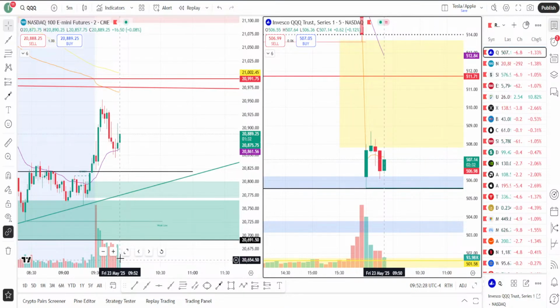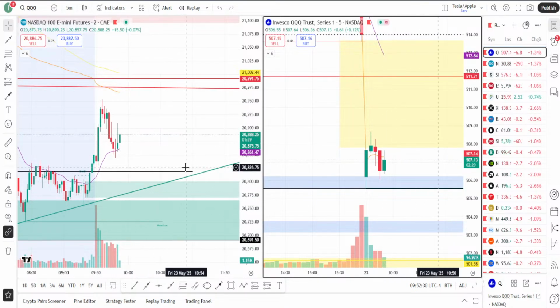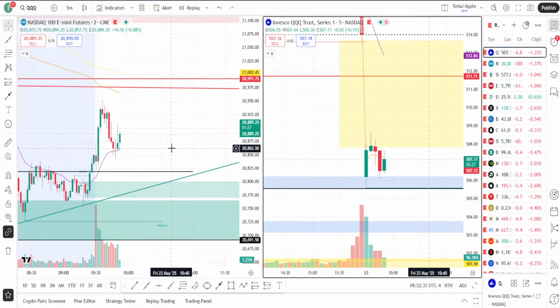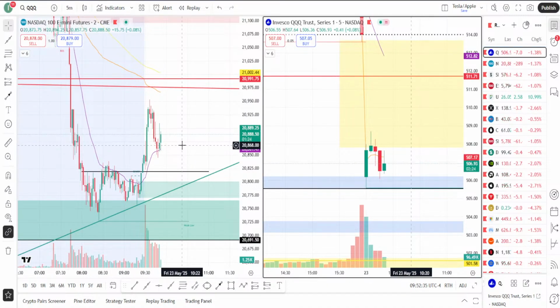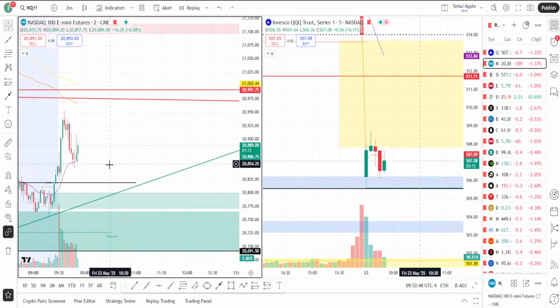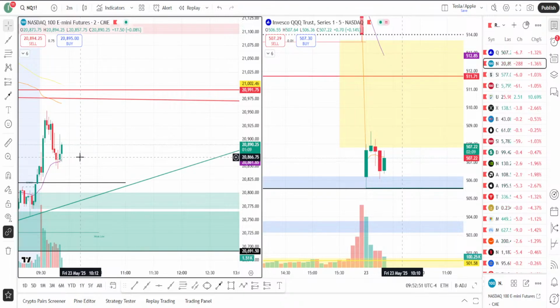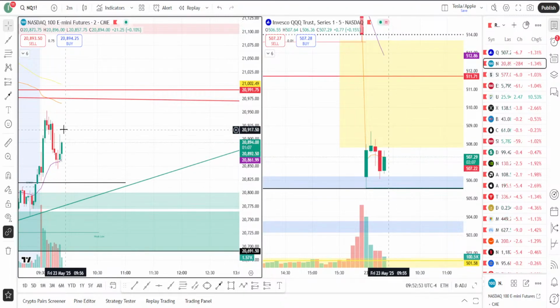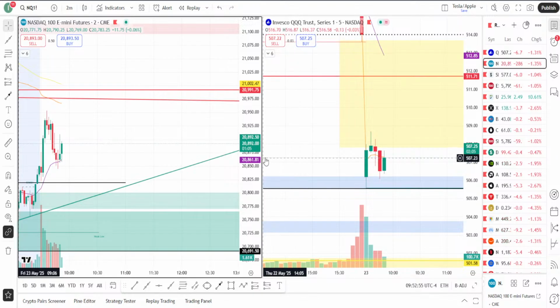Would like to see the volume spike up on this next candle here. A volume spike would be nice. Volume spike and a strong finish. Can we get it?